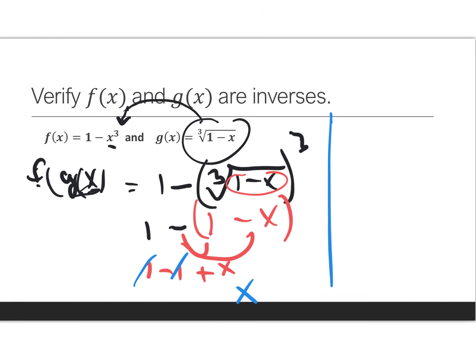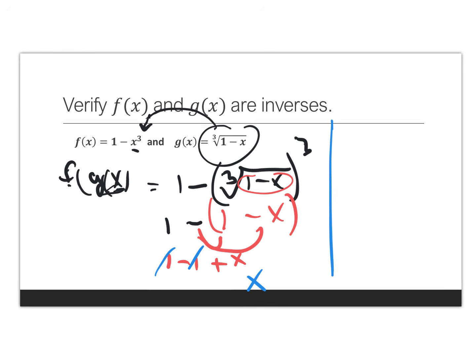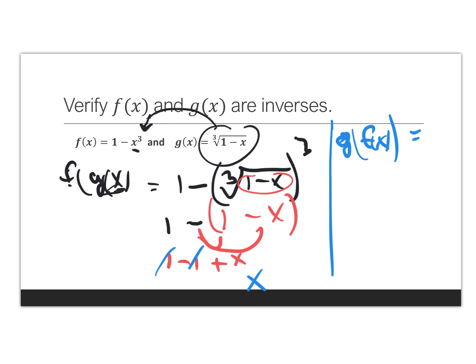Now let's try and do g of f of x. So that tells me all of f, and I'm going to erase my scratch work up here so I can see it. All of f, all of 1 minus x cubed, has to be plugged into only the x that is here.